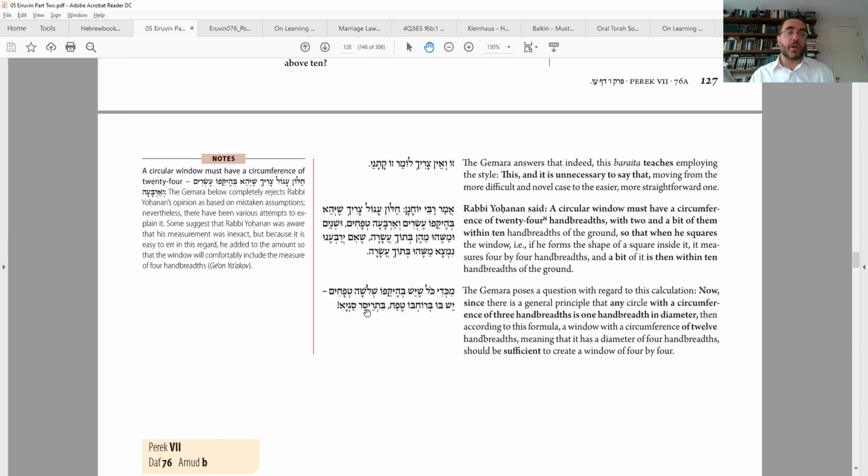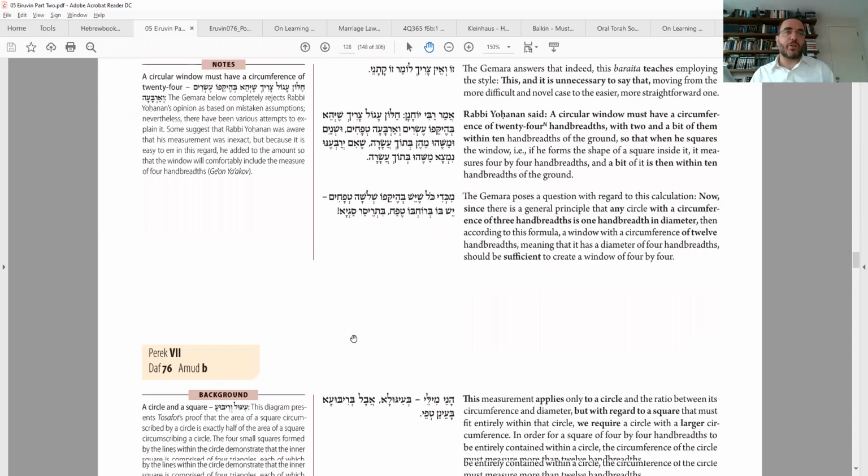And so therefore, if we have the square is 4 big, and now we're assuming we're putting a circle inside the square, so the circle inside the square would have a diameter of 4, and then the circumference of 4 times 3 is 12. So really 12 should be enough, and that's half of what Rabbi Yochanan said.